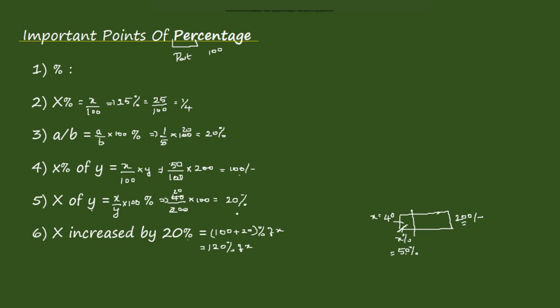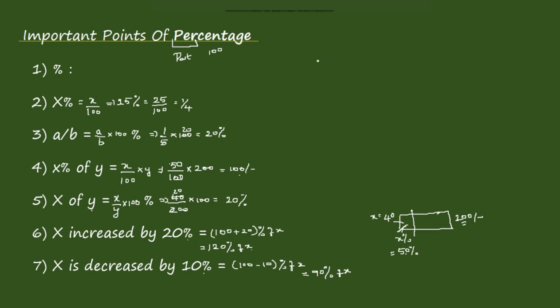Again, if x is decreased by 10%, then the salary will be changed to 100 minus 10 percentage of x, which is equal to 90 percentage of x. So when it has been decreased, the salary has changed to 90% of x, and when it has been increased, it has changed to 120% of x.